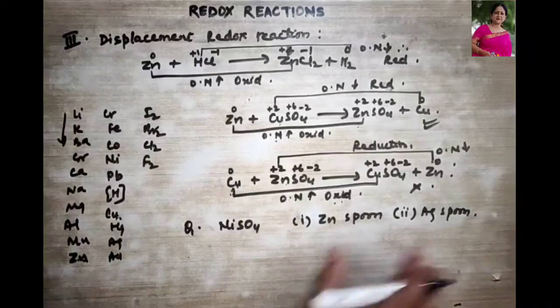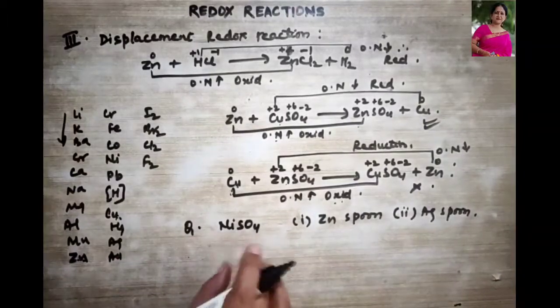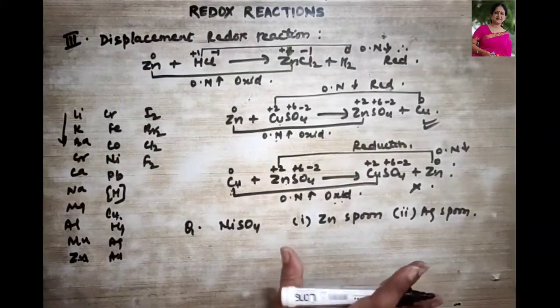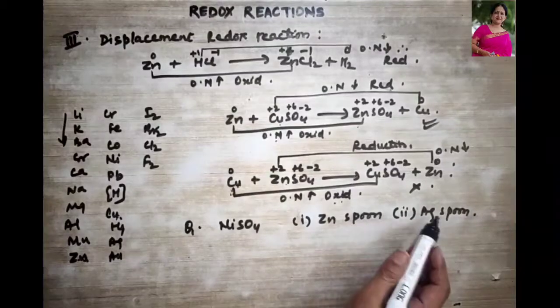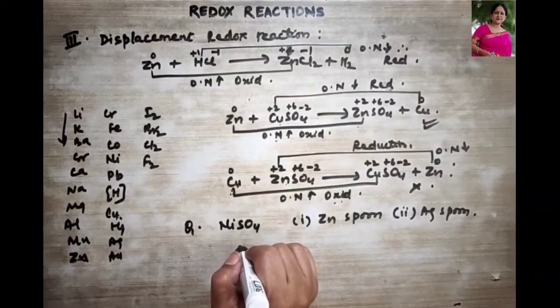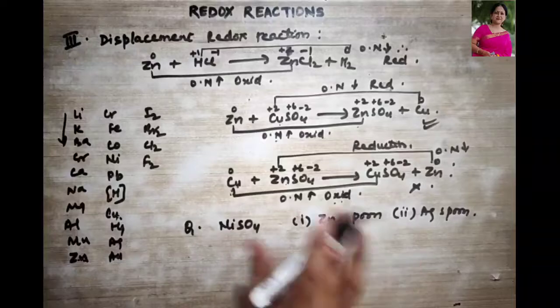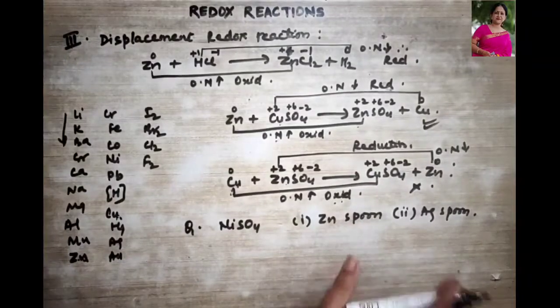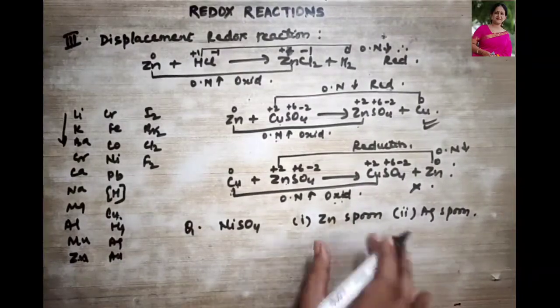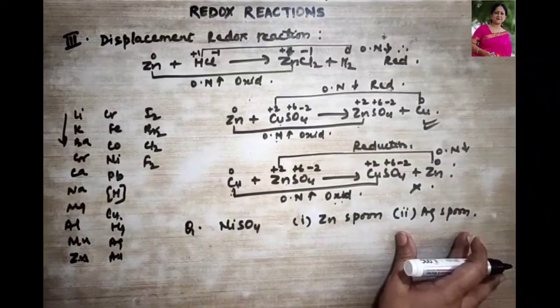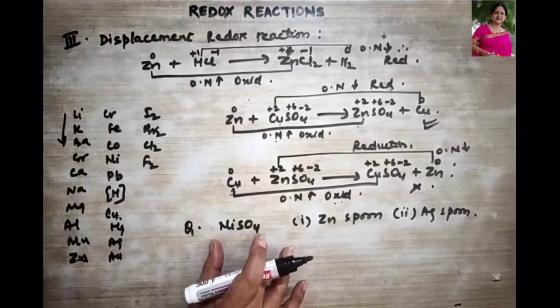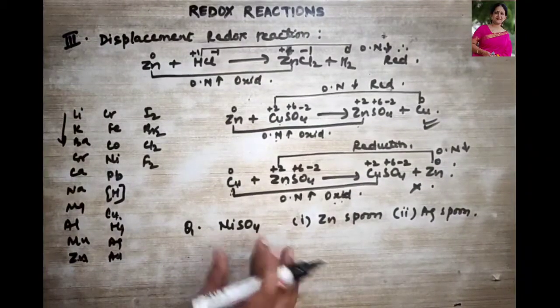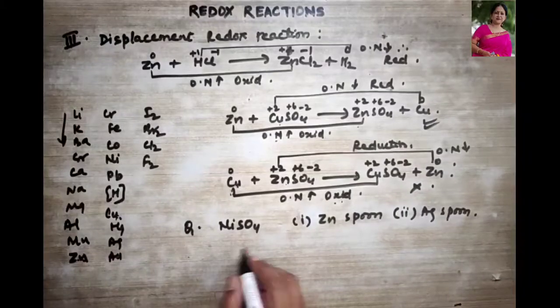Which one is possible to stir this particular solution? Now remember, one of these spoons, as you add it to nickel sulfate, will dissolve. So we cannot use that spoon. So which spoon do we need to use, zinc spoon or silver spoon, to stir nickel sulfate solution? So let's write down the reaction.